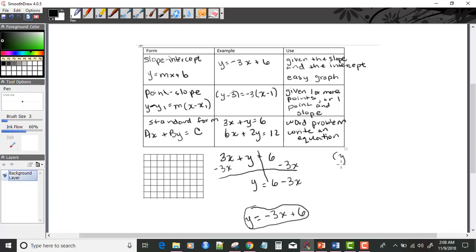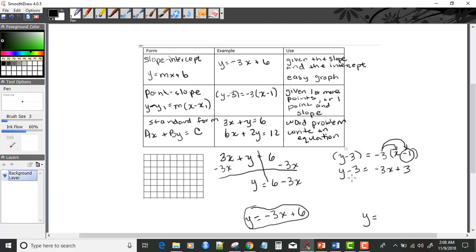If I do the same thing with point-slope form, I'm going to distribute this negative 3. So negative 3 times x is negative 3x. Negative 3 times a negative 1 is equal to a plus 3. Again, if I want to write this in slope-intercept form, my goal is to have y equals and then my x term plus intercept.